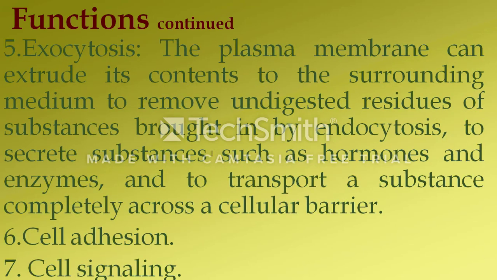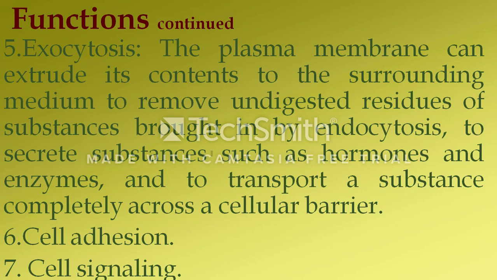Next is exocytosis. Plasma membrane can extrude its contents to the surrounding medium to remove undigested residues of the substances brought in by endocytosis. In exocytosis, it extrudes the unwanted material or undigested residues that are brought in by endocytosis, or secretes substances such as hormones and enzymes, and transports a substance completely across the cellular barrier.